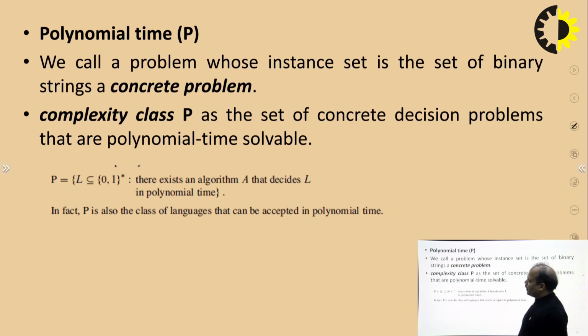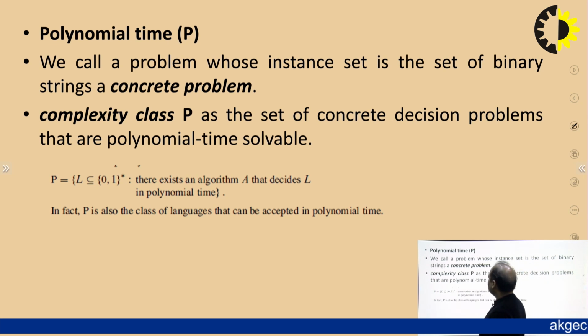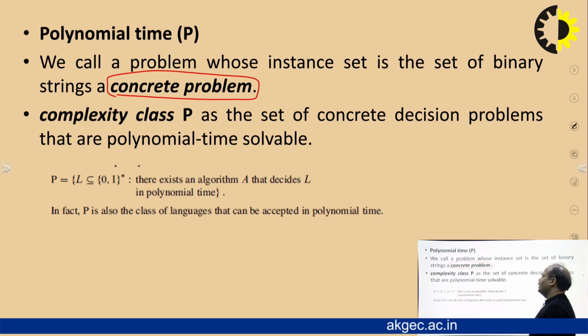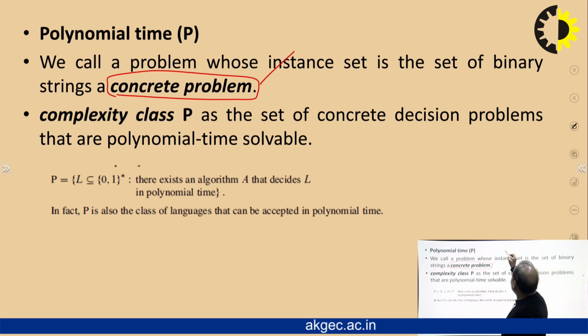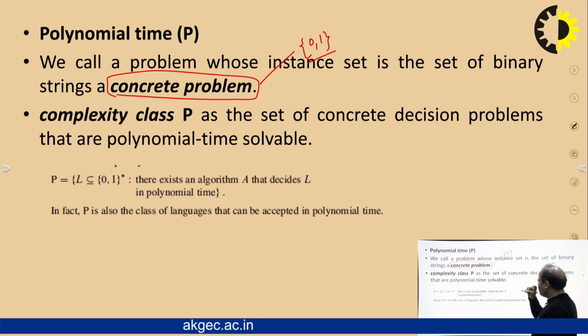So let's define polynomial time in a mathematical sense, right? Another notion in the P, NP and NPC categories is the concrete problem. Any problem is said to be concrete if its input is taken from 0 to 1. So in NP complete, we are interested in taking input from 0, 1 only. We are not interested in continuous input.